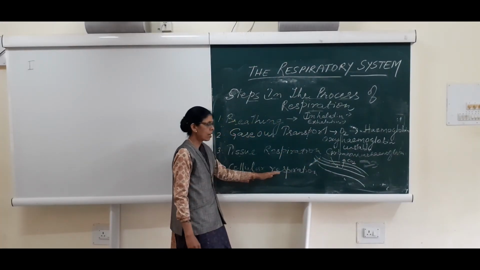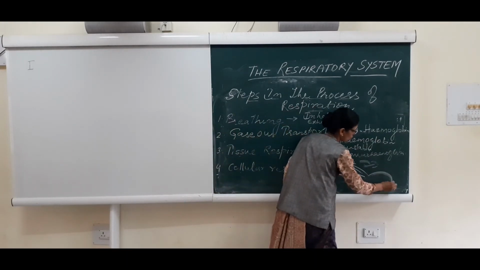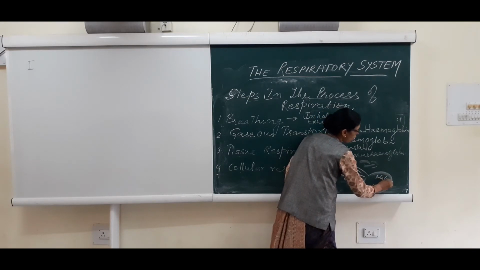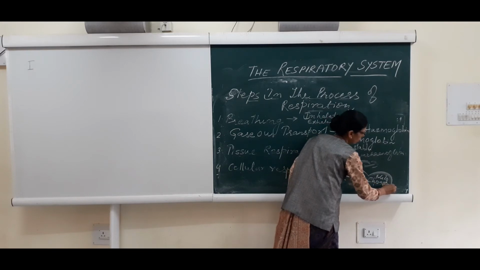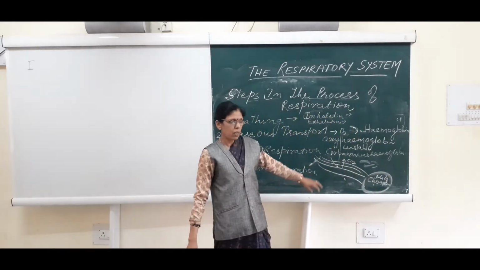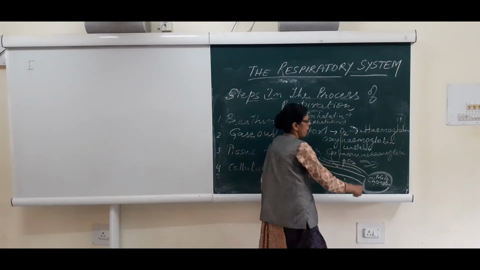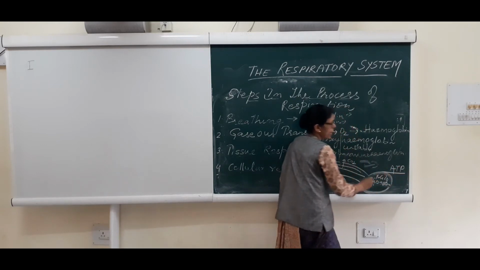Next is cellular respiration. Once this oxygen has reached the tissues, cells are there. Cells consist of cell organelles, especially mitochondria. Over here, liberation or formation of energy in the form of ATP, adenosine triphosphate, takes place.